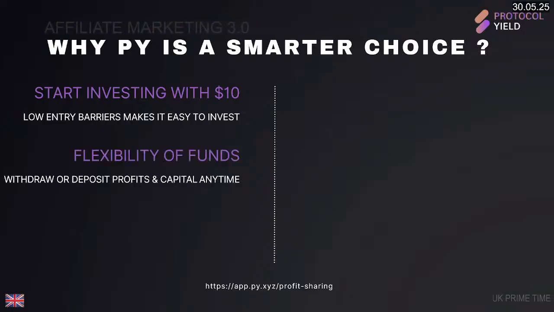Then we have the choice over the profits as well as the capital. If you would like to remain invested, or if you would like to take it out, it is very flexible. It gives us the convenience and ease of access to funds as and when we require. The validity of most of the licenses is lifetime.